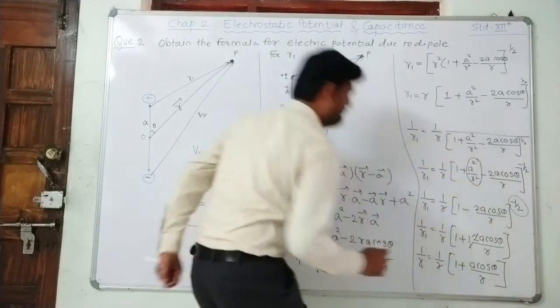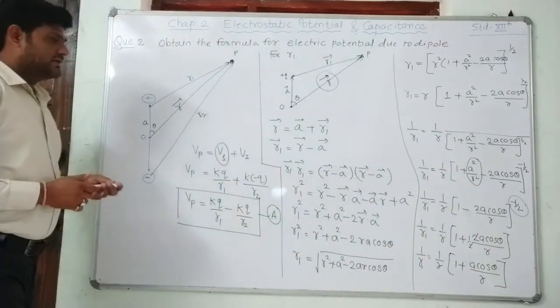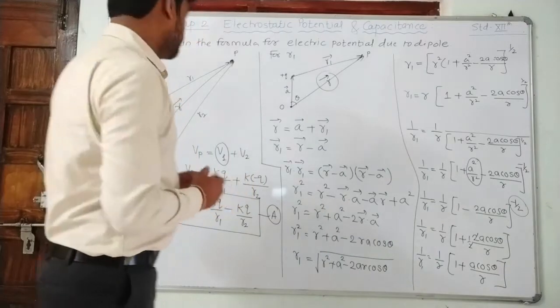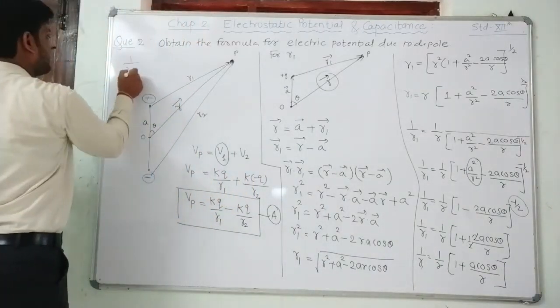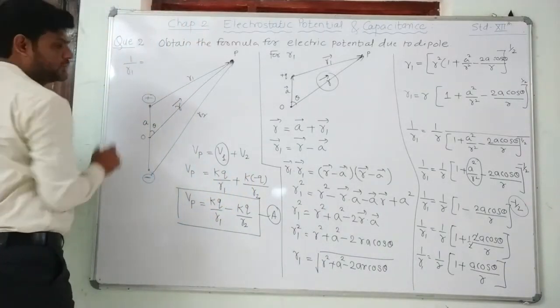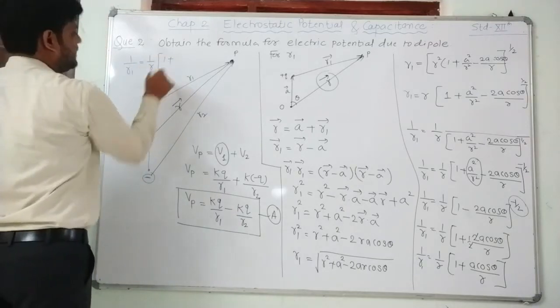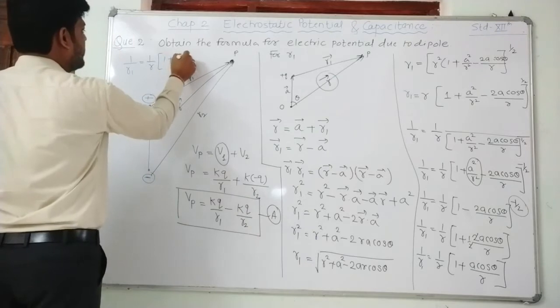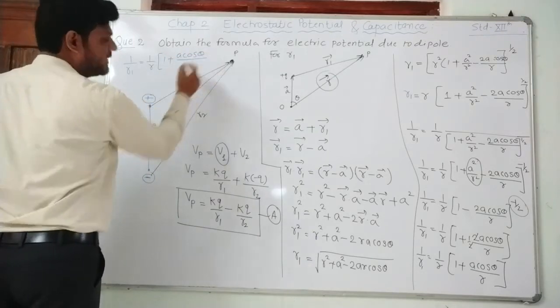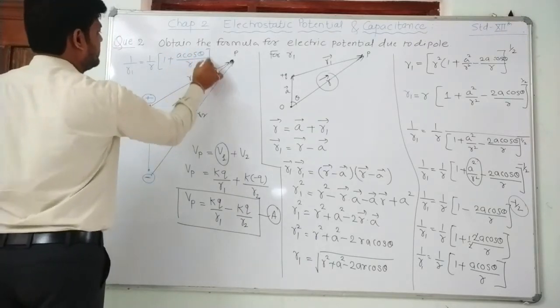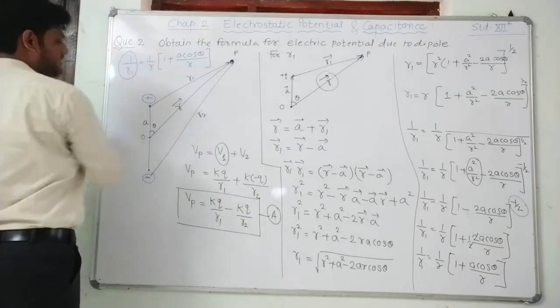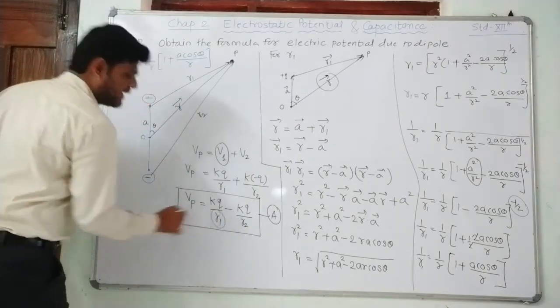This is the value of 1 by r1, and we will write it somewhere. Correct? So we got 1 by r1.